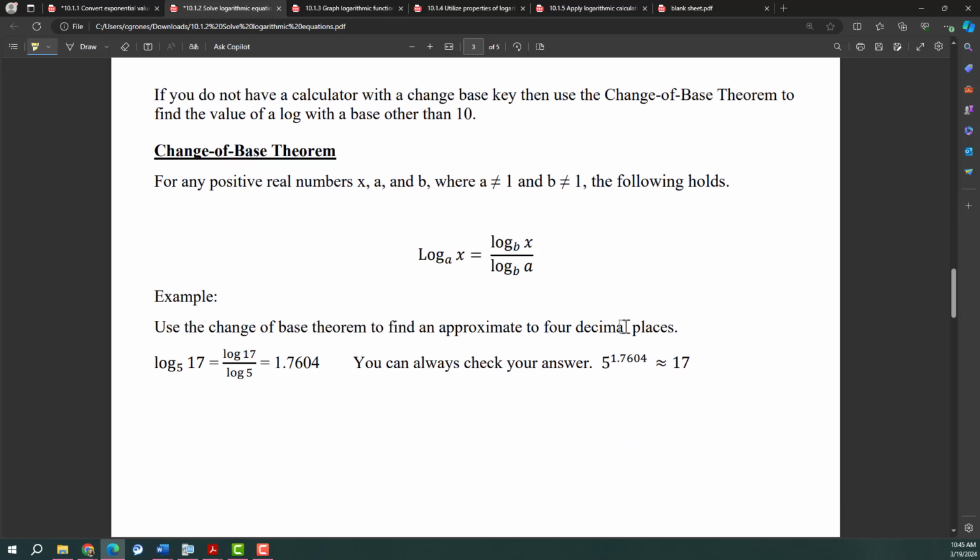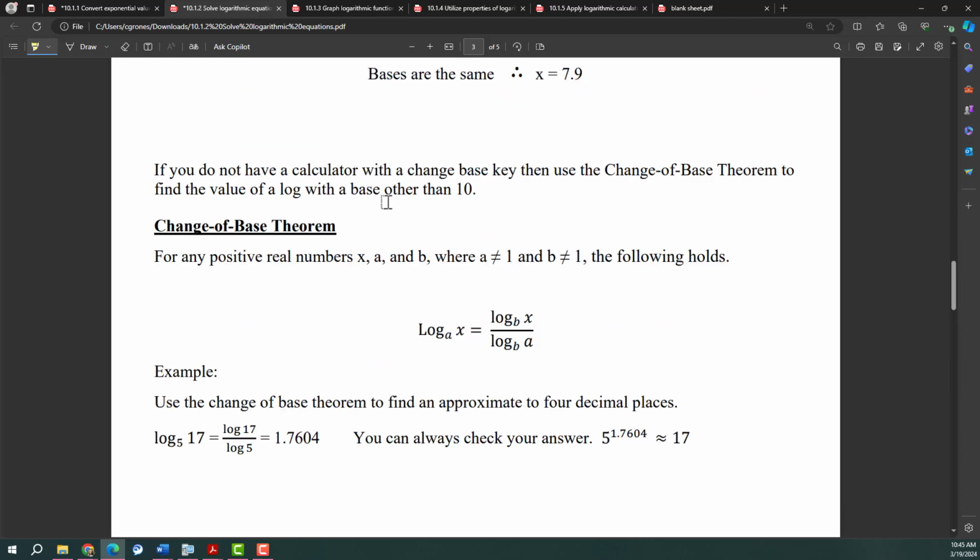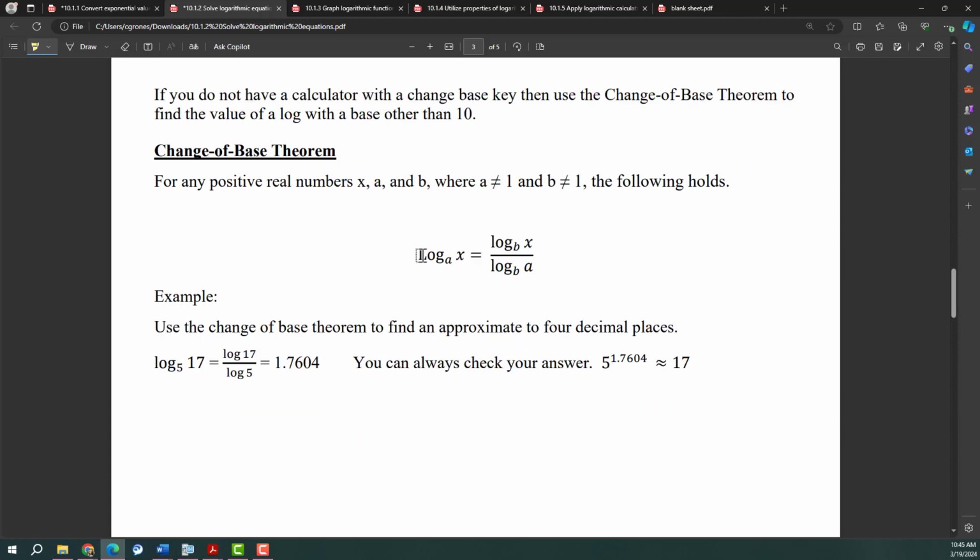If you do not have a calculator with the change base key, then you can use the change of base theorem to find the value of a log with a base other than 10. They tell us that log base a of x equals log of x divided by log of a.